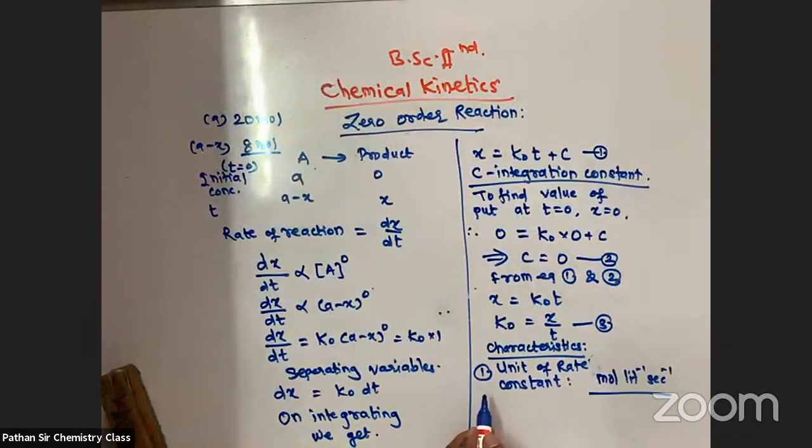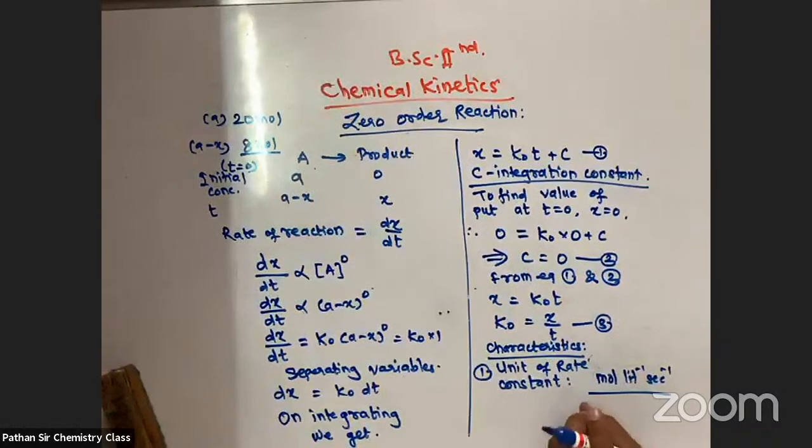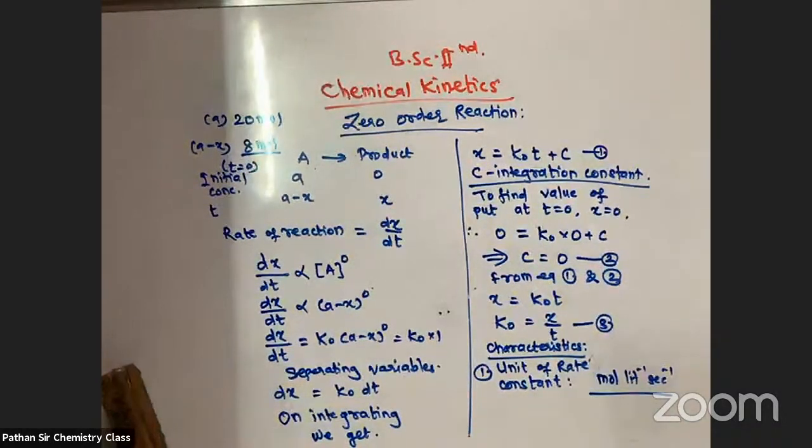So the first characteristic is the unit of K0. Now, the second characteristic.